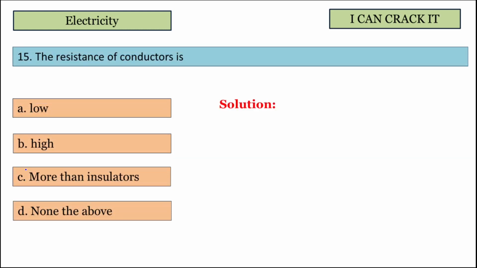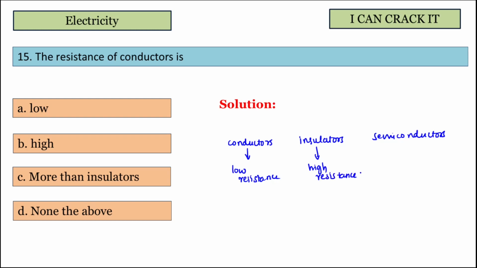The resistance of conductors is. See, there are basically three types of materials: conductors, insulators, as well as semiconductors. Now here, conductors have low resistance. Insulators have high resistance. Resistance means opposition.